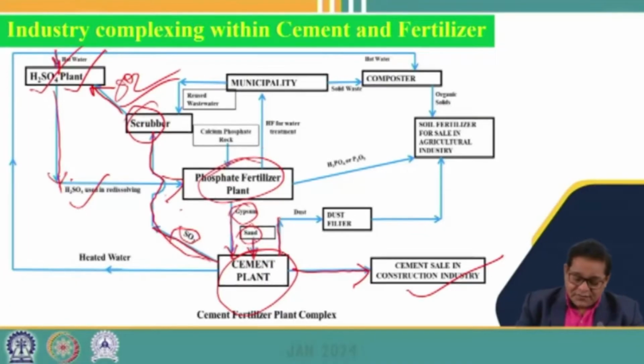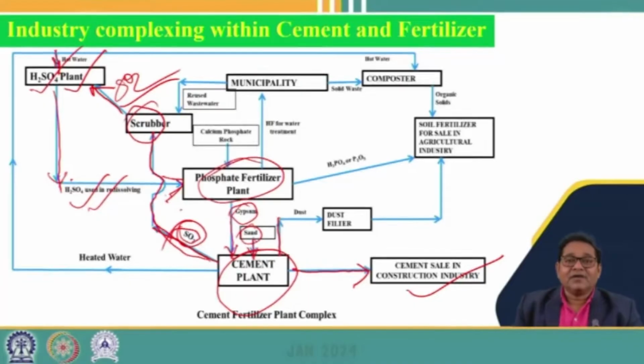So the sulfur dioxide generated, after scrubbing, is used as a raw material in the H2SO4 generation plant, converted into H2SO4 acid, and then used as a raw material in another industry, the fertilizer industry.